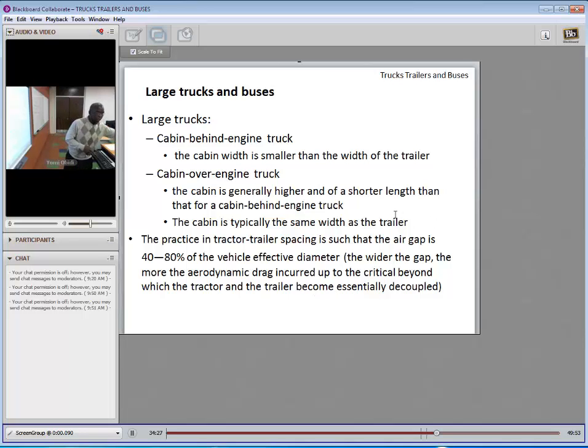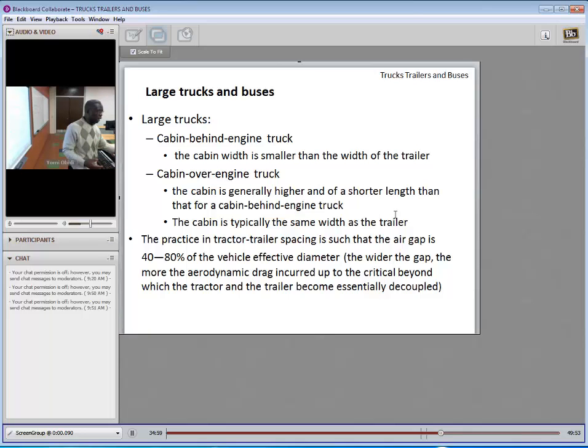This is an example of cabin behind engine truck. The engine is right here, and the cabin is here. This is another form of cabin behind engine truck. The cabin behind engine trucks are perhaps the most common large trucks, more than the cabin over engine trucks, although we have those too.